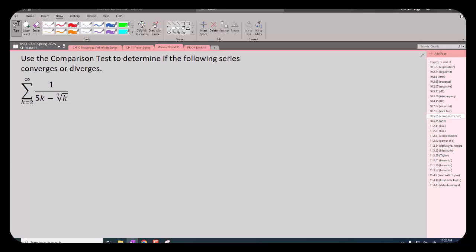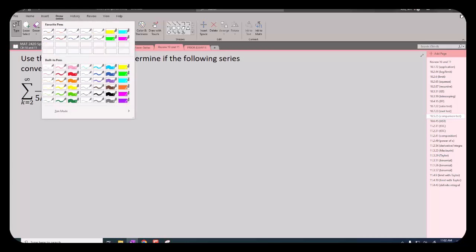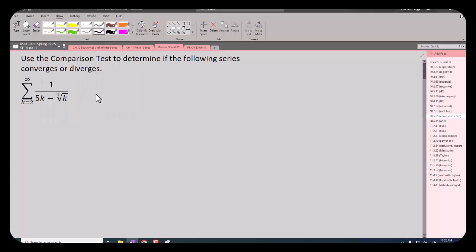So the denominator here is really dominated by this 5k. And so if I'm told to use a comparison test, the first instinct is to create your b sub k by taking away insignificant pieces of this summand. The first piece that's certainly insignificant is that 4th root of k, compared to what else is in the denominator.